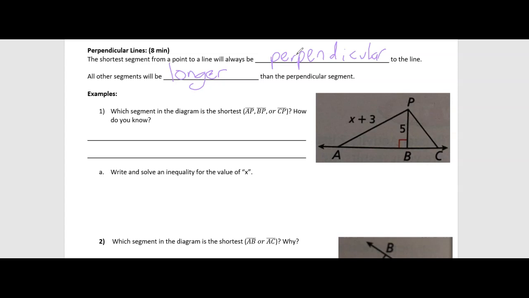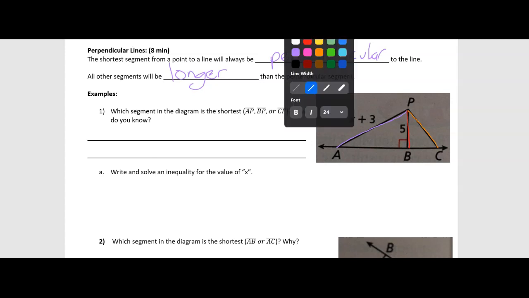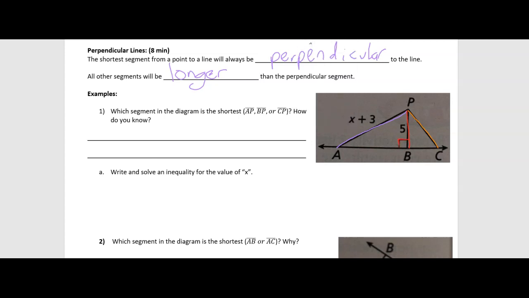So number one says, which segment in the diagram is the shortest: AP, BP, or CP? Well, again, all three of those segments, right? I'll draw AP in purple, PB in red, and PC in orange. Well, the only one that's perpendicular is PB, or BP, you could call it. So again, we did a little visual on the first page.